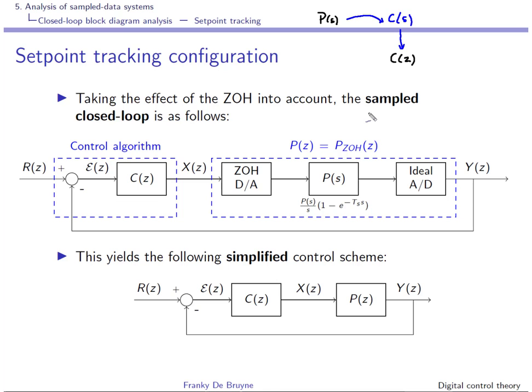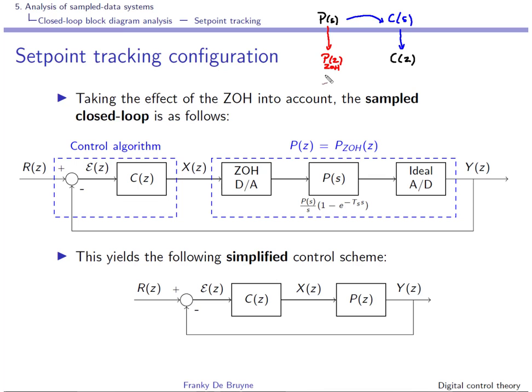We have seen that there is another way to go, and it's to obtain a discrete time equivalent description of the process P(s), and since we're going to use this as a vehicle to obtain C(z), you should take into account the zero order hold mechanism, right?